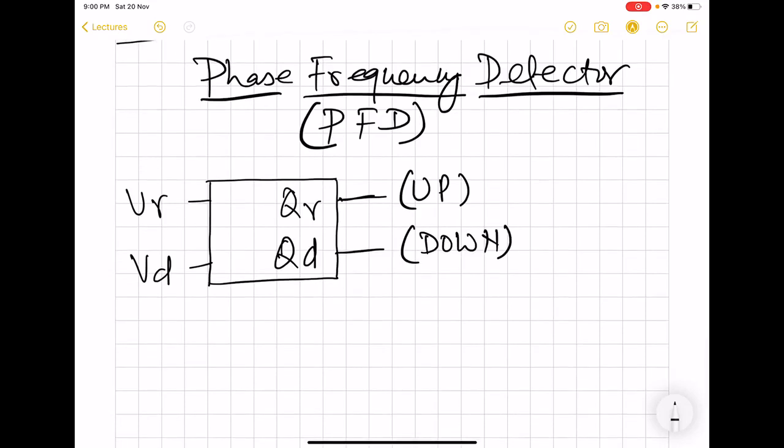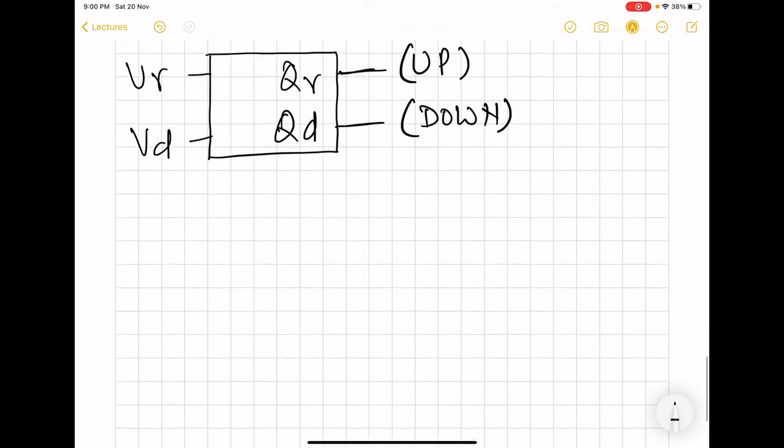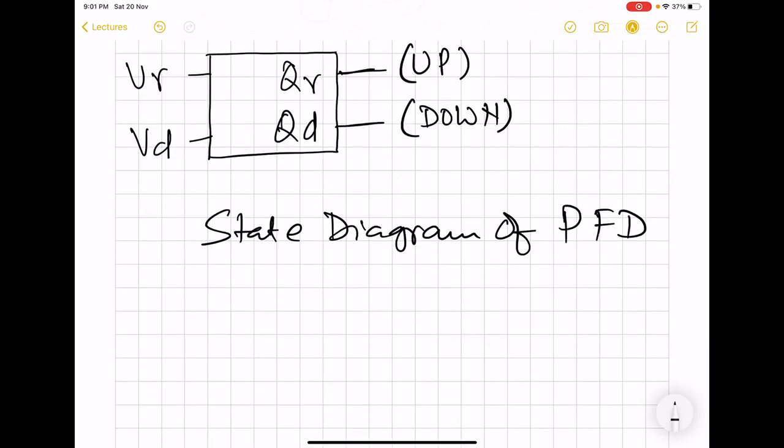So this PFD is best described first in terms of the state diagram, and then the state diagram can be used to find these two outputs, and then find the characteristic of this phase frequency detector. And then later on we will see how we implement this in terms of digital circuitry. So first we will see the state diagram of the PFD.